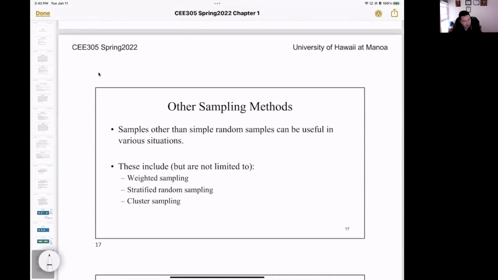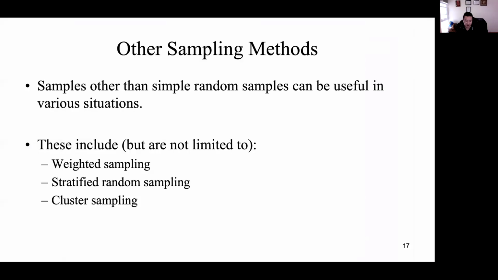Okay. So we have other sampling methods other than a simple random sample, which is the best. That will include weighted sampling. So what is weighted sampling? Some items have a higher chance to be selected.